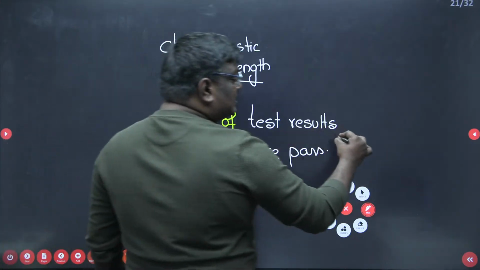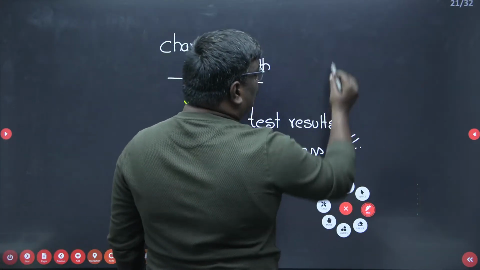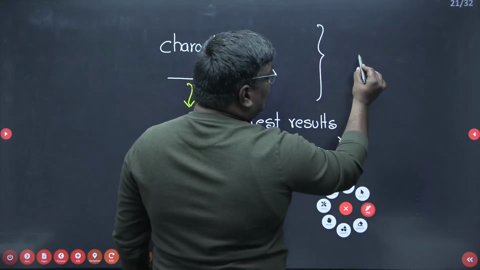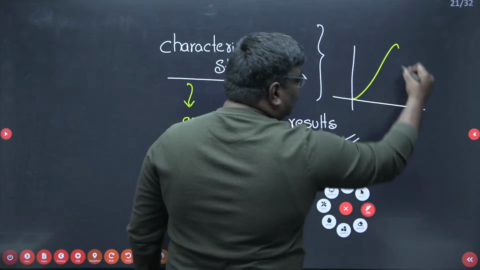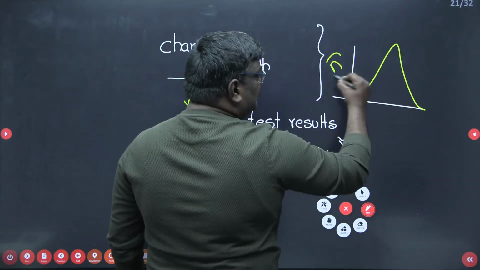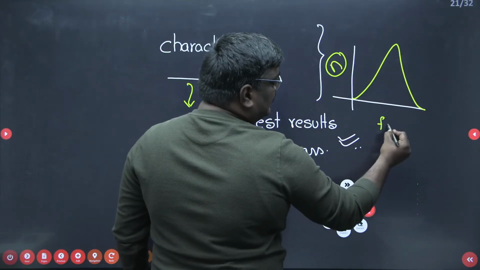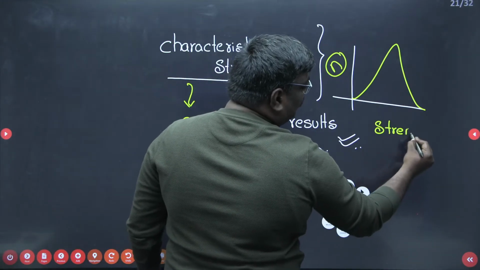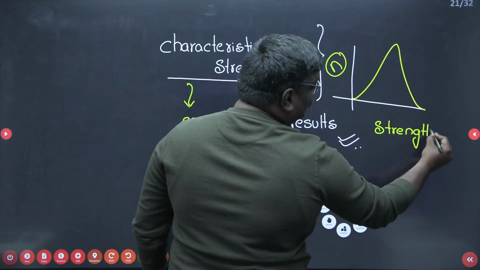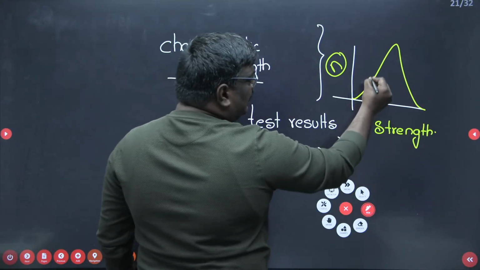So this is one of the important points I would like to tell you. If you see the probability graph, we have strength on the x-axis and number of cubes on the y-axis.